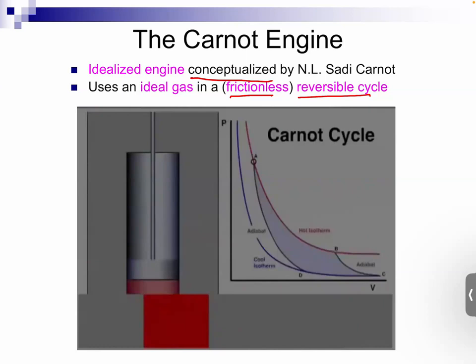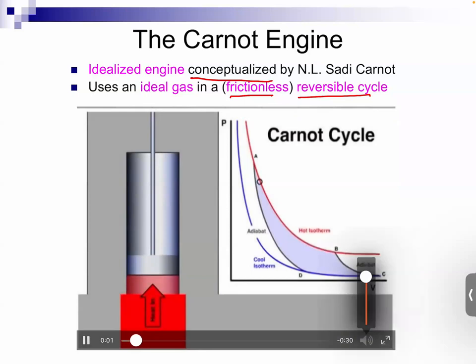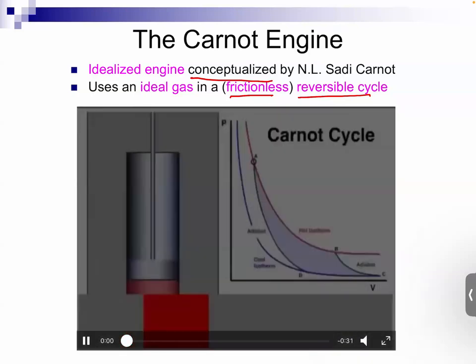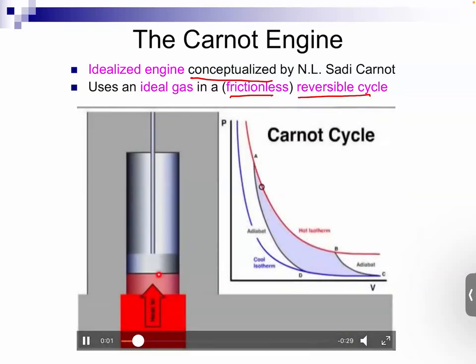So the Carnot engine, it's still a heat engine. So it still requires a hot reservoir where the engine draws heat from. Okay, so you have a hot reservoir. The engine draws heat from the hot reservoir.